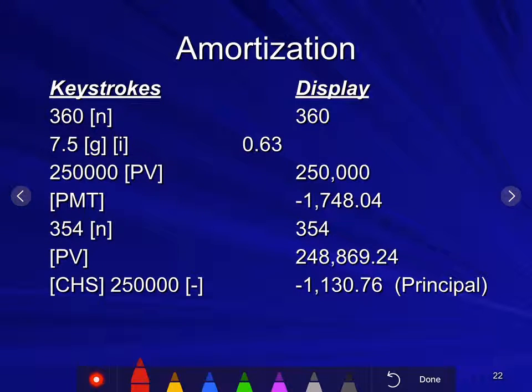So we start off with 360 N, 7.5 I/Y, put in our interest rate, $250,000 for our present value, and we get to $1,748.04 that we've seen a number of times. If we now put 354 N, calculate PV, we see $248,869.24, and that's now how much we owe to the mortgage company for our loan.